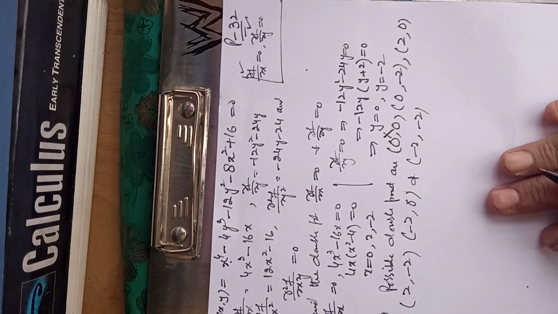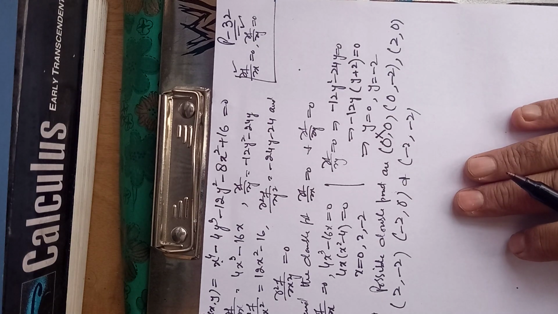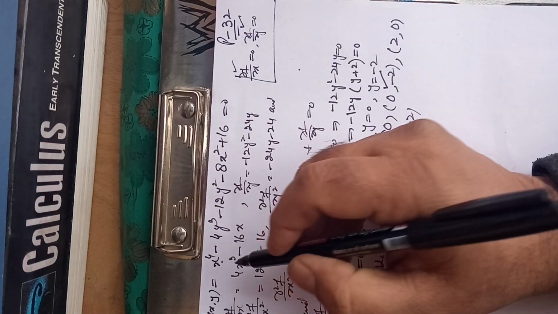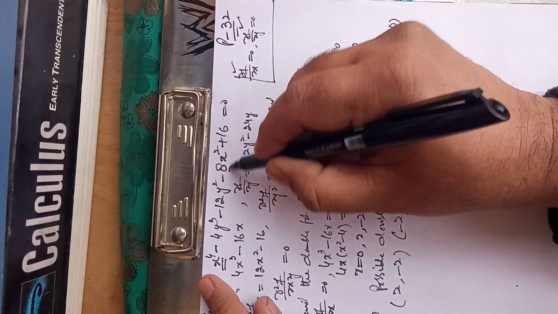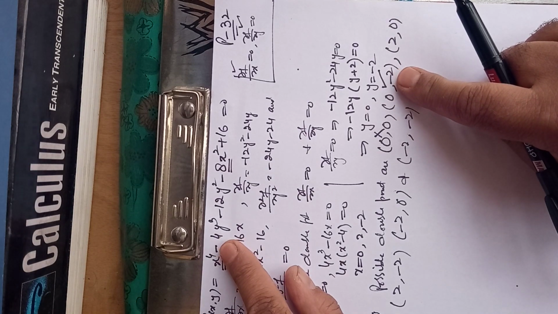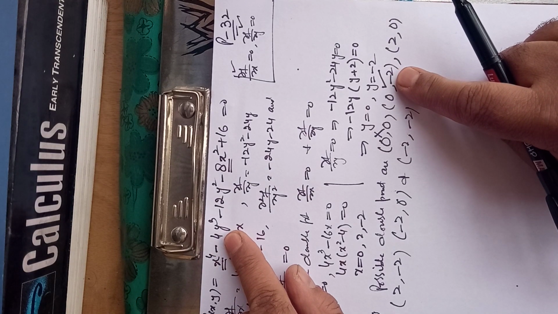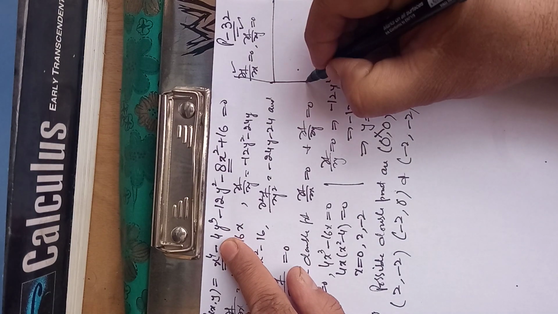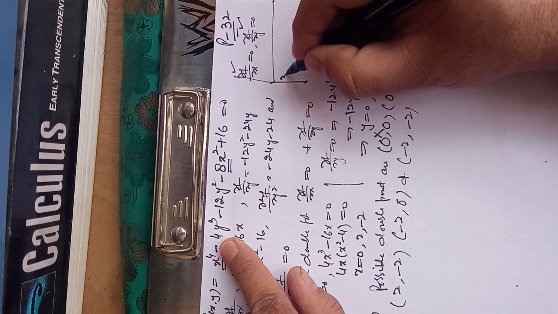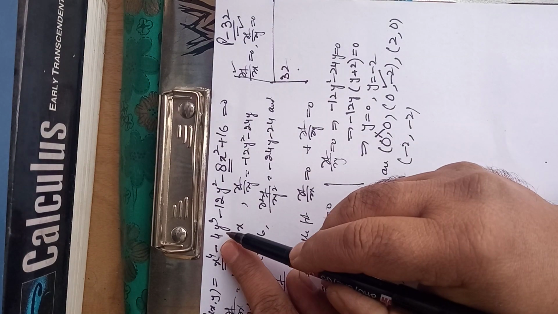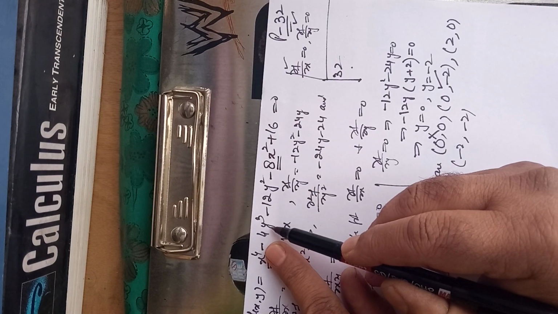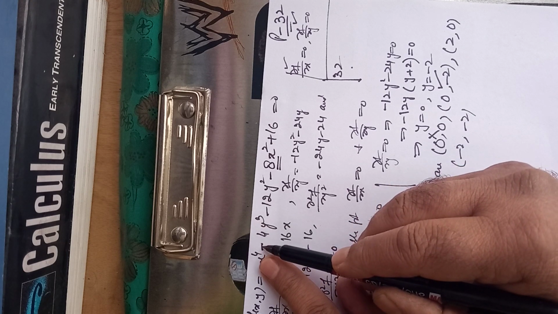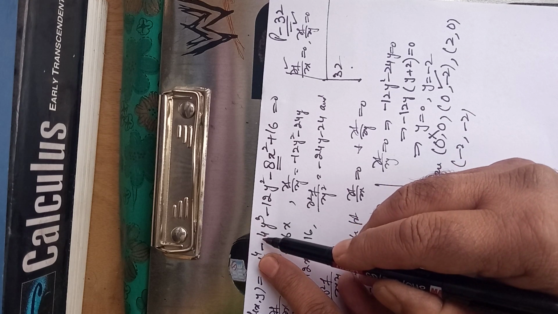Let me take this one: x is 0, y is −2. Here x is 0, so those terms go, but y is −2. (−2) whole cube is −8, and −8 into −4 gives 32.